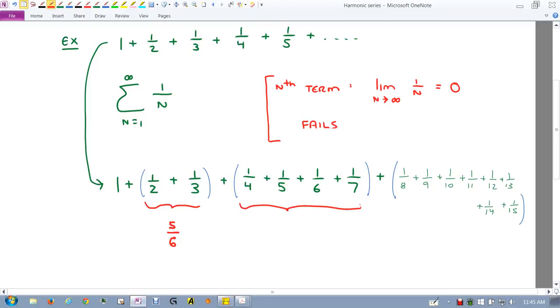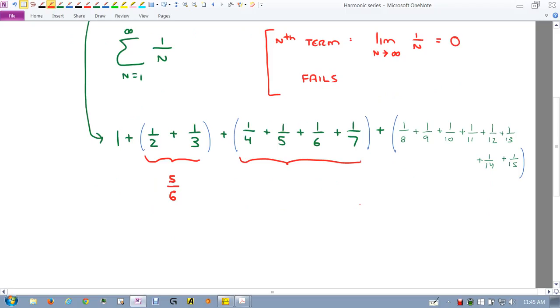You have to get a common denominator. Let's just try it. Someone get a common denominator. I'll help you out. Multiply all the denominators together. That'll be a common denominator, right? 4 times 5 times 6 times 7. 840 would be a common denominator.